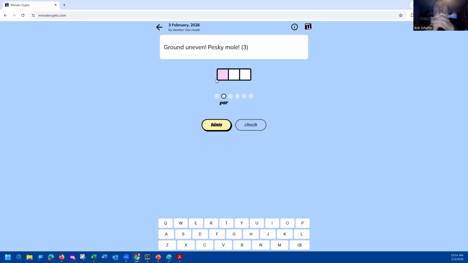Ground, uneven. How do we uneven something? I would think removing the even letters would do it. Ground is six letters, so you remove the even letters, you get G-O-N.